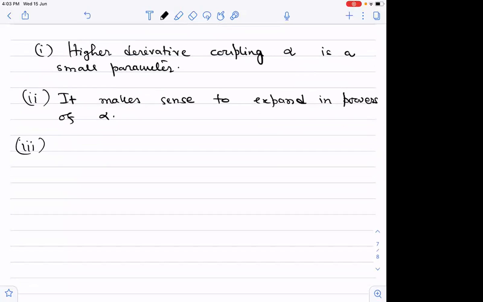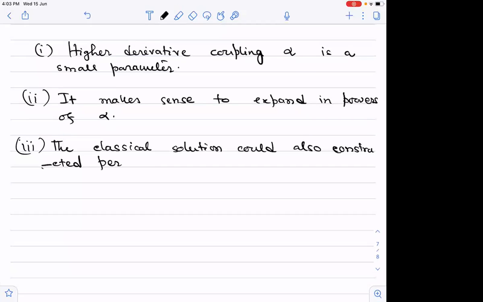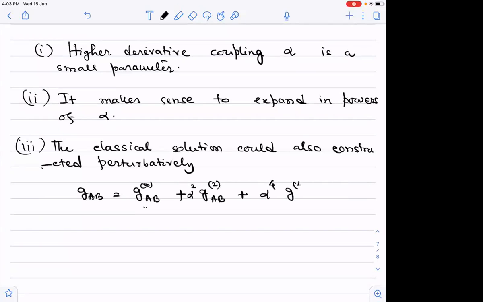And the solution would also be constructed perturbatively: G AB, which is the solution to the Einstein equation, G0AB, plus alpha square G2AB plus alpha to the 4 G4AB.